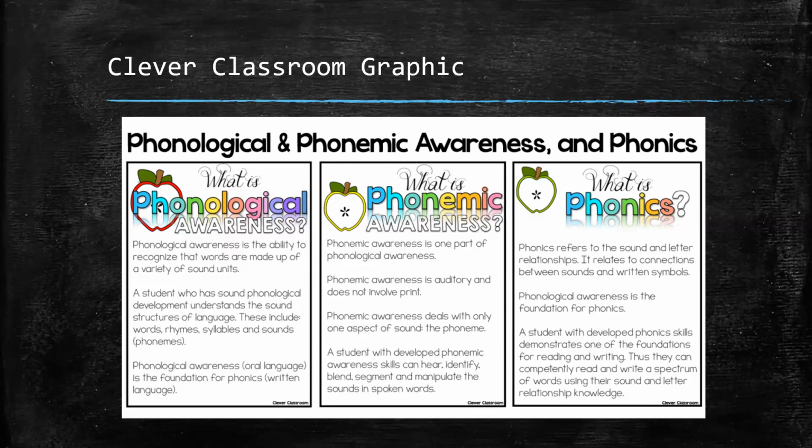Now, some students have trouble with rhyming, so that might be a later skill that's developed, and they might still have a strong understanding of phonological awareness. Rhyming can be challenging for some, which is surprising because we do think of it as one of the easier ones. So phonological awareness, which is the oral language, is the foundation for phonics, which is the written language.